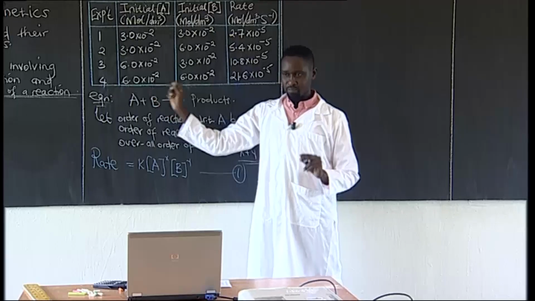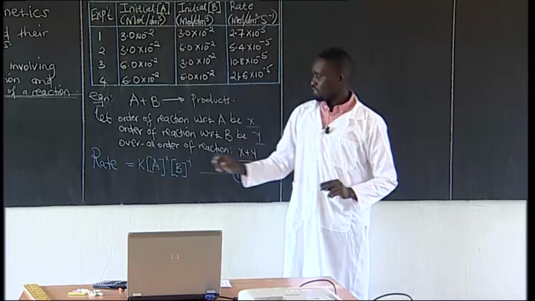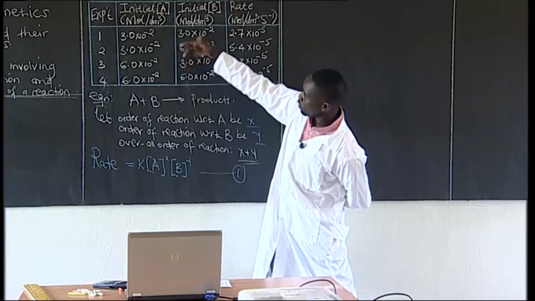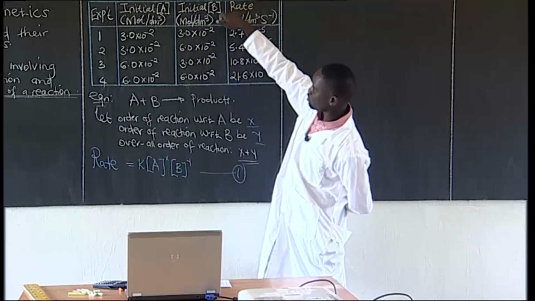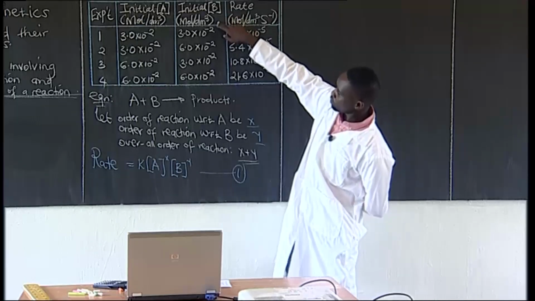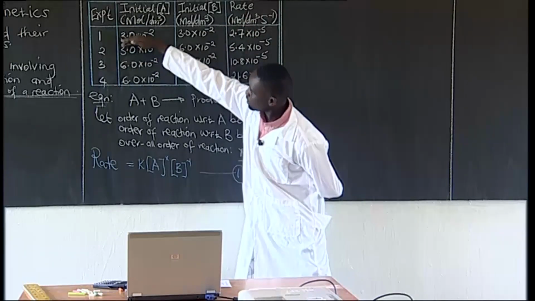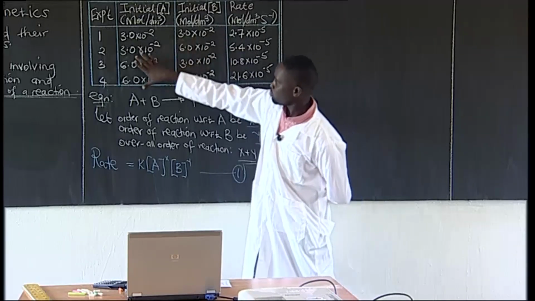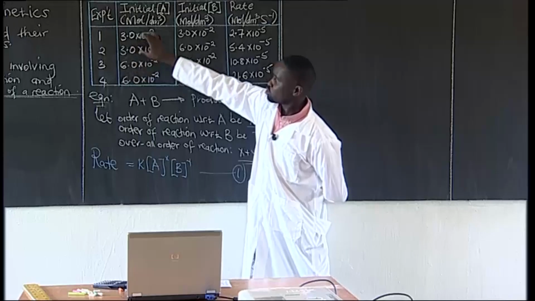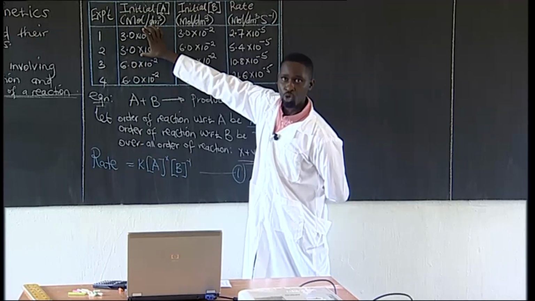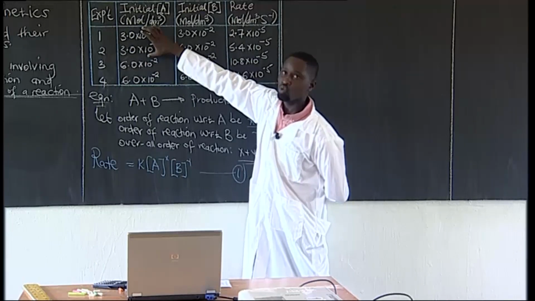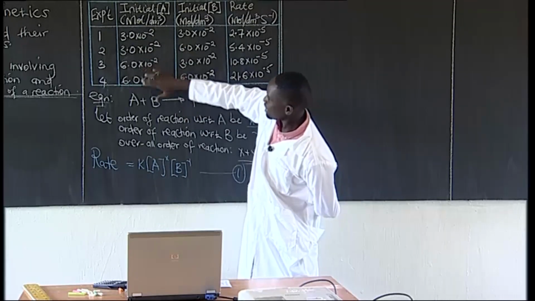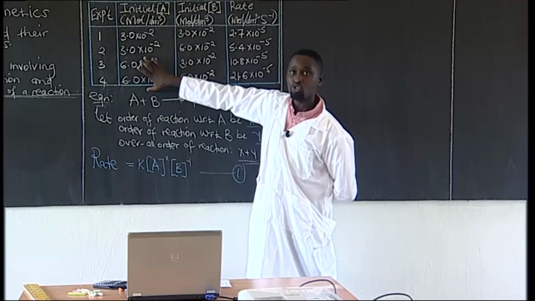In this case, let's start with A. So, which experiment can we use whereby the concentration of B remains constant? If we take experiment 1, they are all the same. In experiment 2, the concentration of A remains constant, indicating these two won't work. If you take 3 and 4, it is constant, so these two won't work.